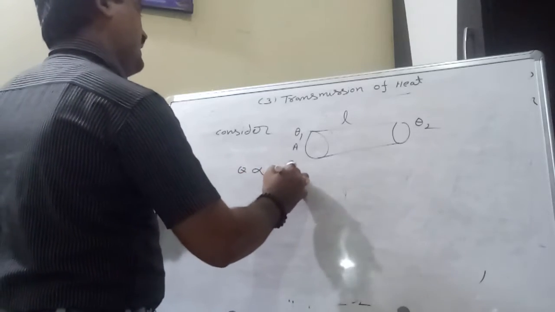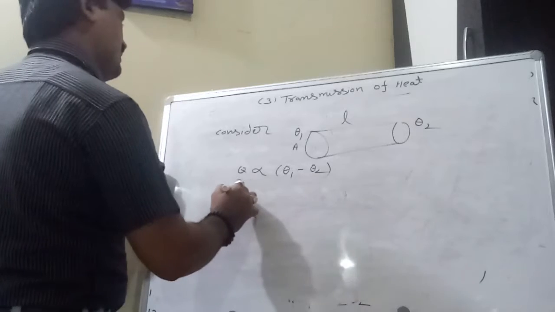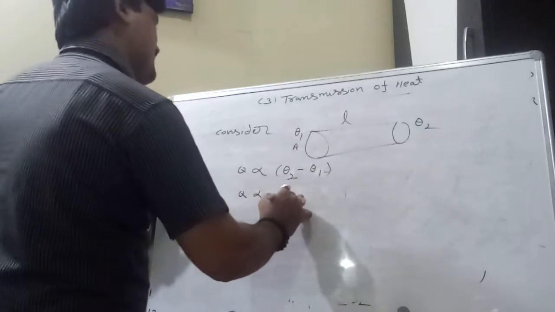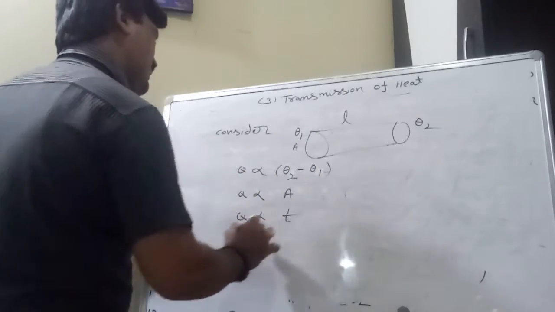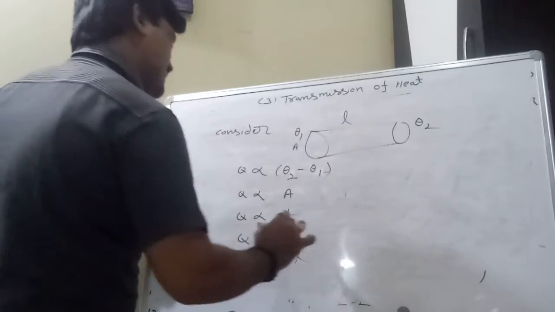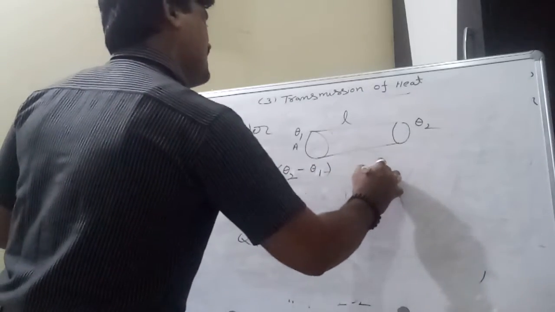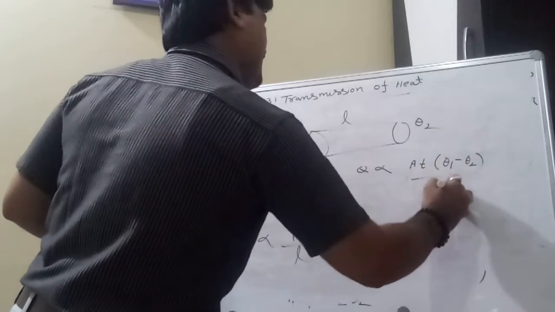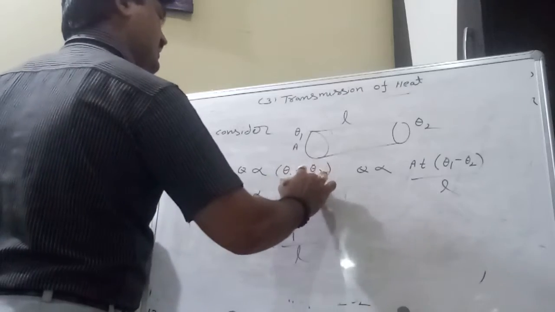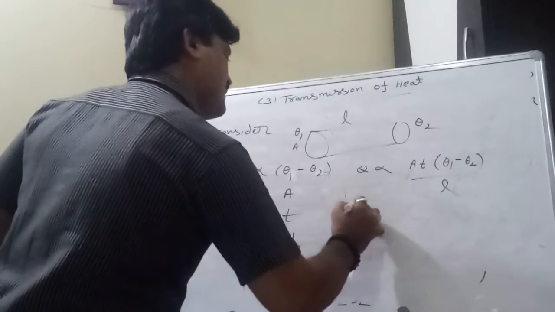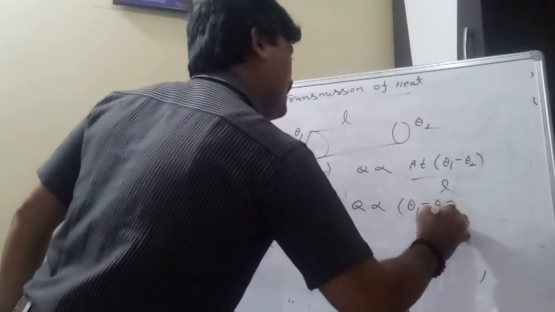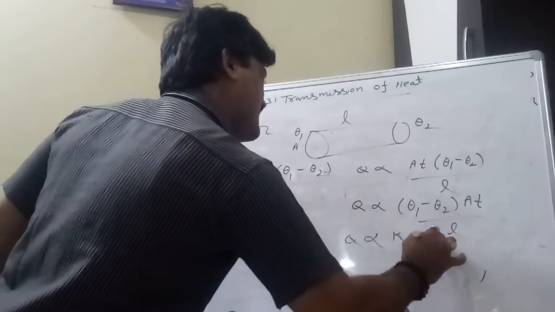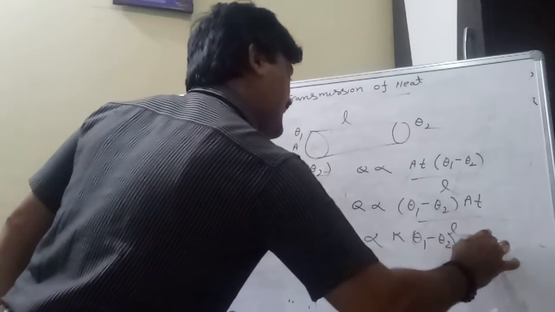Q is proportional to theta1 minus theta2, to the area of cross section A, to the time t, and inversely proportional to the length L. So Q is proportional to (theta1 minus theta2) into A t by L, so Q equals K into (theta1 minus theta2) into A t by L.